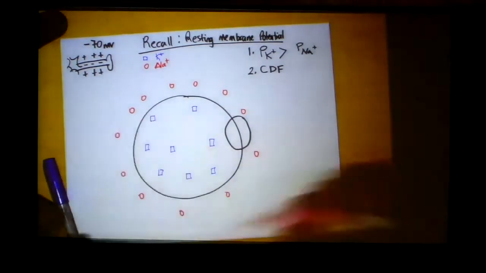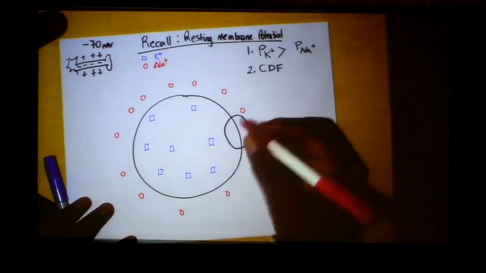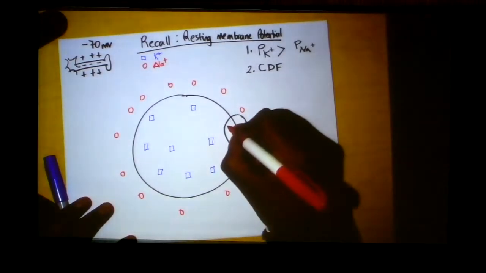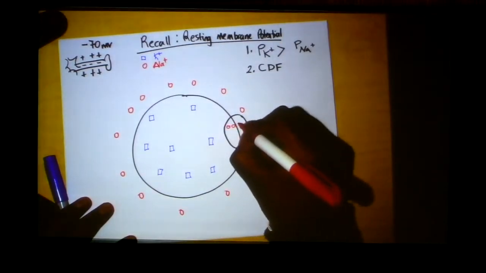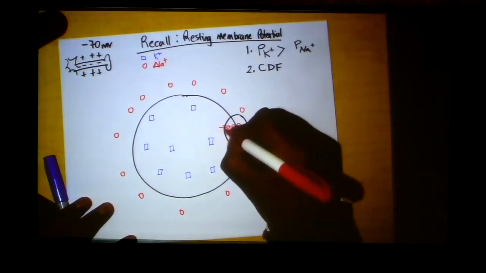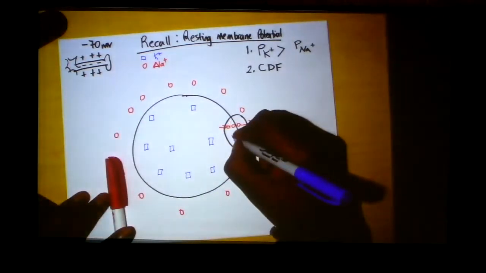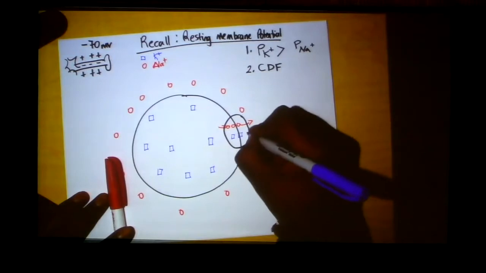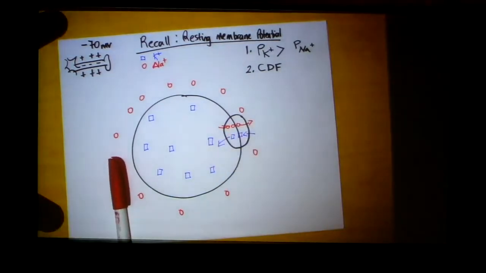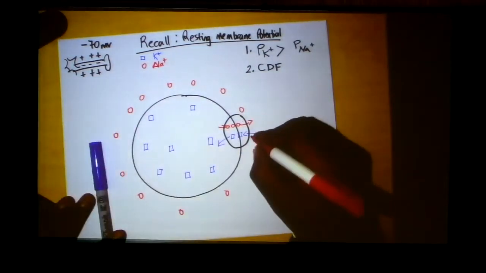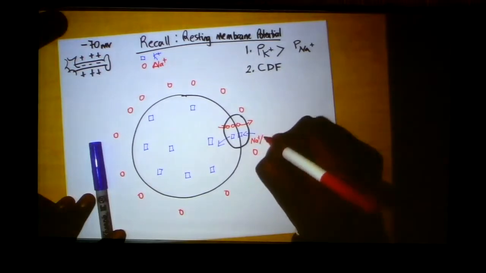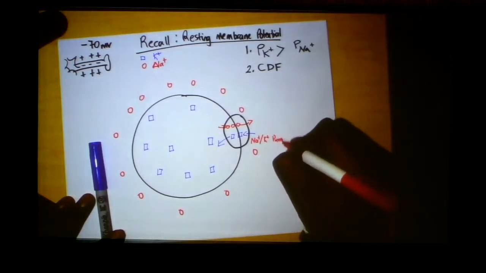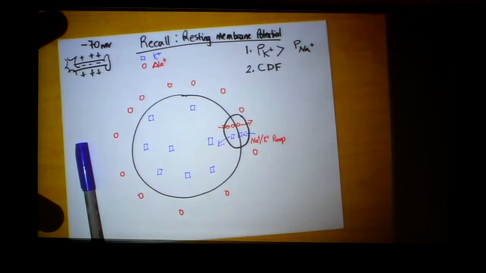And we know that that is pumping sodium and potassium, right? It's going to pump sodium out. We got 3 sodiums going out, and we have 2 potassiums going in. Right, that's our sodium potassium pump. We also have some leak channels on this membrane.